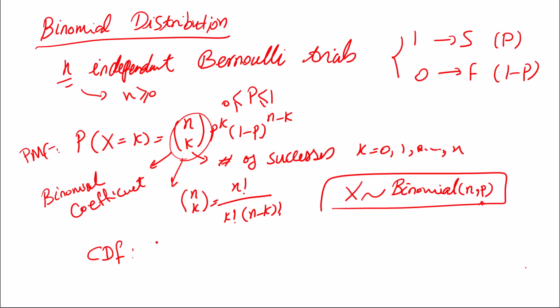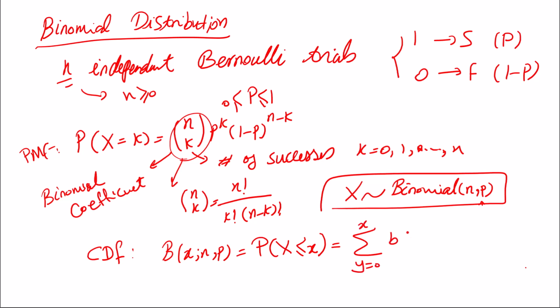We write it this way: B(x; n, p) is equal to the probability that X is less than or equal to x, which is the sum of y from 0 to x of b(y; n, p), and x is something from 0, 1, to n, right?